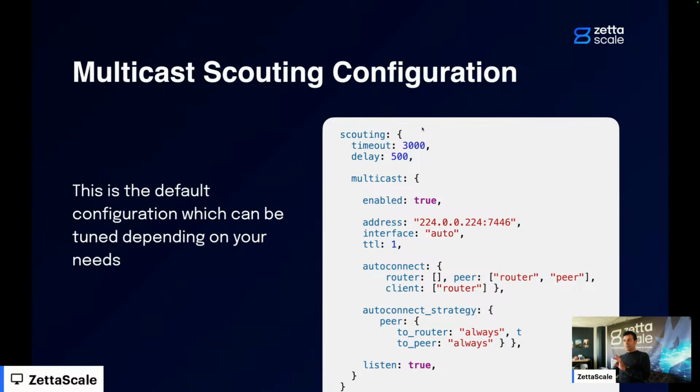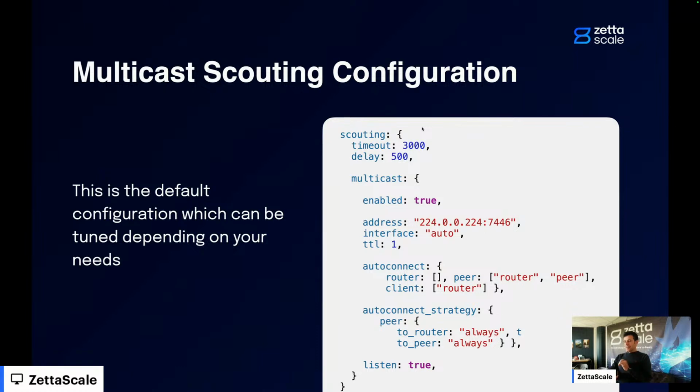Again, this is the default behavior that you can customize. So you could decide, for instance, that a peer only auto connects to peers, and you want to explicitly provide the session for the router. Or you could decide that, for how you've configured your interface, you might also want routers to auto connect to routers, whatever.